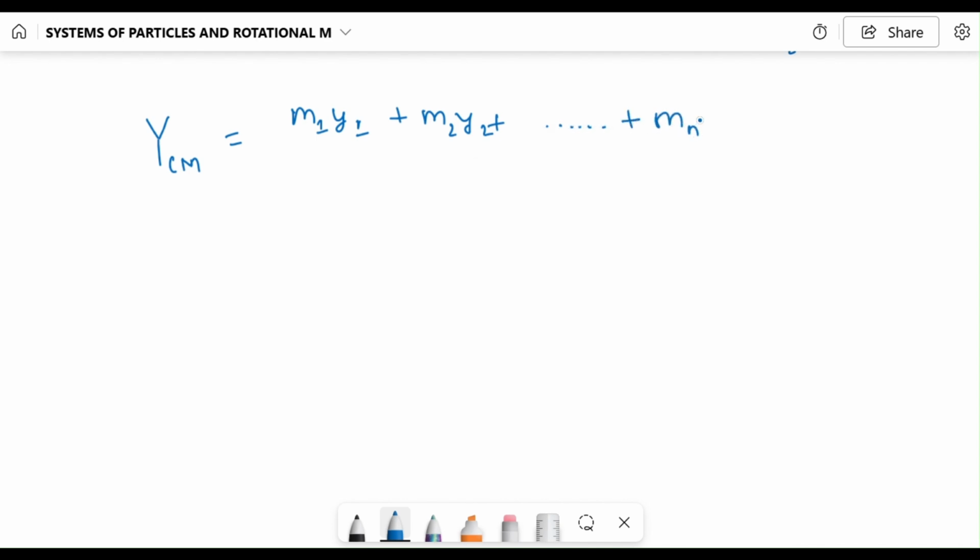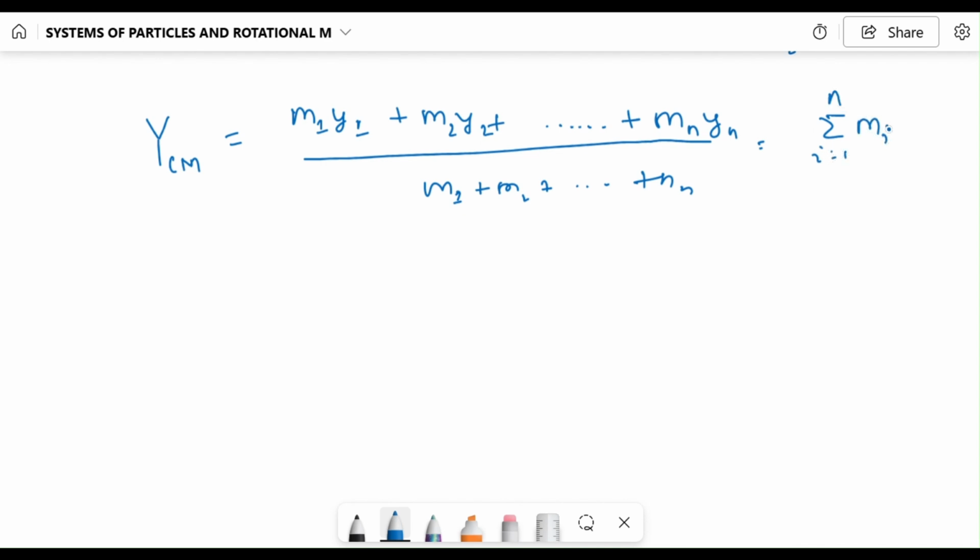So mn yn, the whole divided by m1 plus m2 plus mn, and in short we can write summation i equals 1 to n mi yi, and the whole divided by this one. Now what about point masses scattered in space?